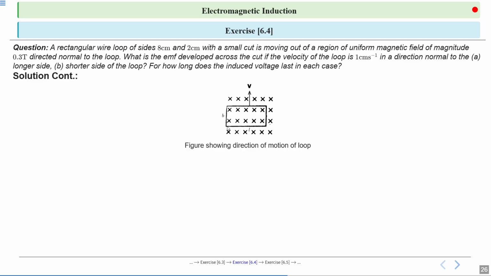That is the minimum distance the loop should cover to come completely out of the magnetic field. So time taken to travel along the width, that is T, equal to distance travelled.